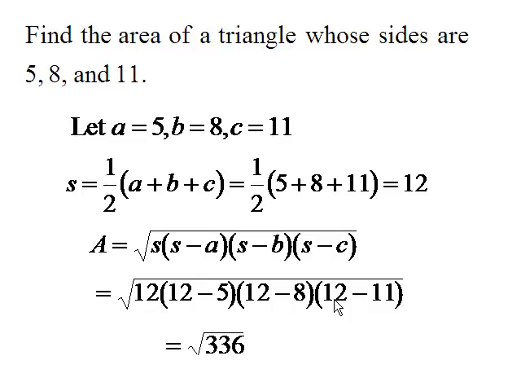336, and you could leave it that way, or you could simplify it by factoring out a greatest perfect square under there. 16 times 21 is 336. So this is the square root of 16 times the square root of 21, and this is probably a preferable form. So two tools to find areas of triangles.